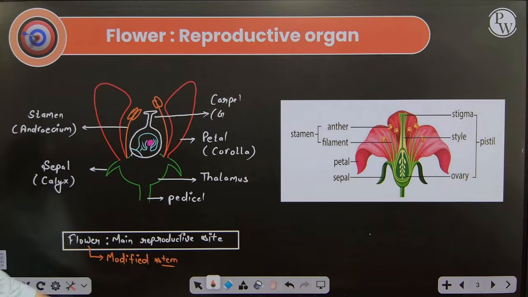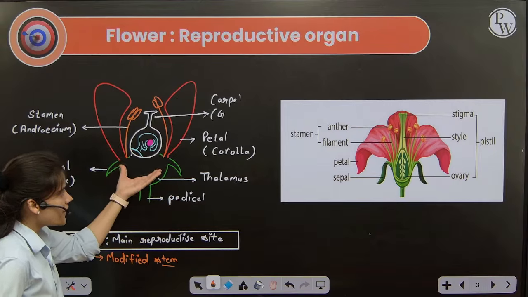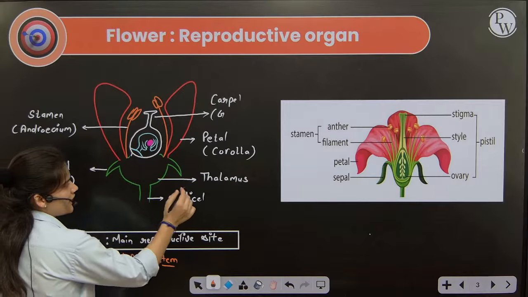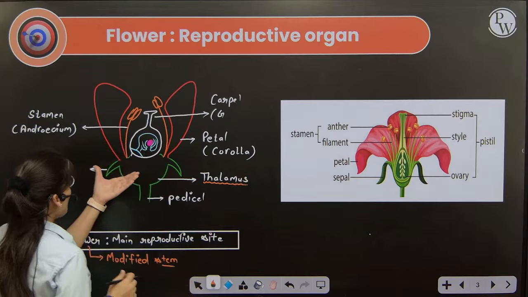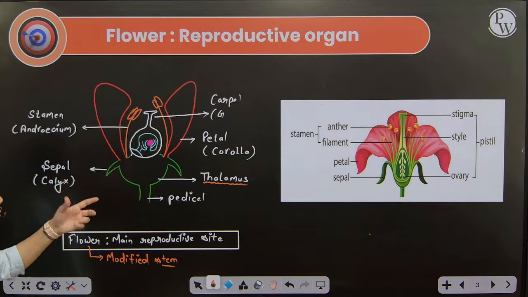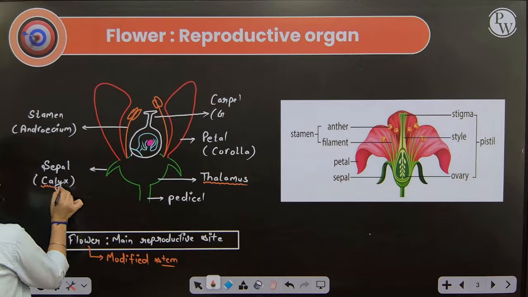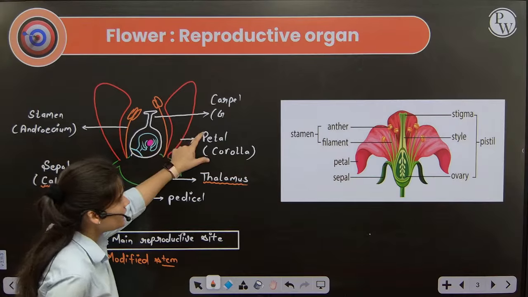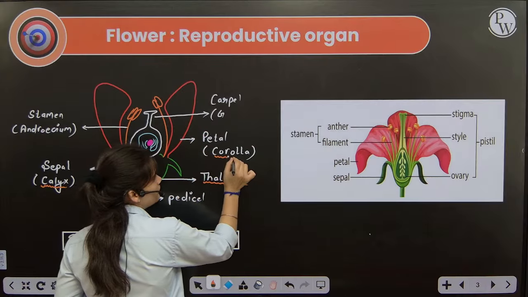Okay. The stalk of the flower is known as pedicel. Above this pedicel, there is a swollen structure that is known as thalamus. Then the green part is known as sepal and whorl of these sepals is known as calyx. Then petals, and whorl of these petals is known as corolla.